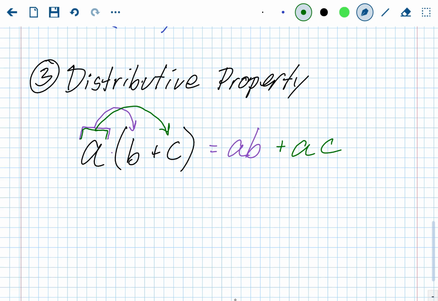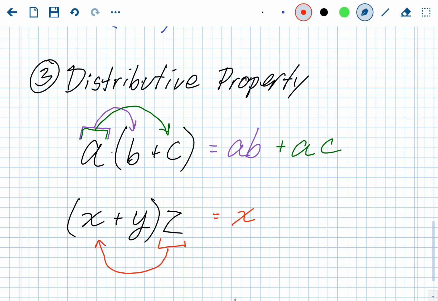This is the way you'll see it most of the time. But you could also, I call it backwards distribute. So if you had your grouping in front and you had your value behind, you could also distribute backwards. So you could do X times Z. And then you could distribute the second one, just give you YZ.